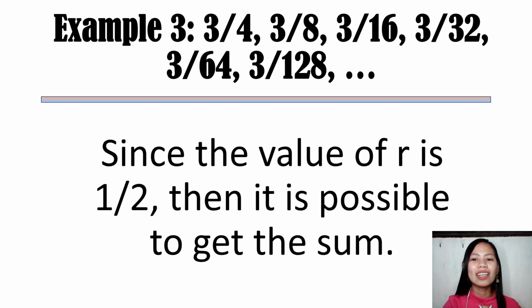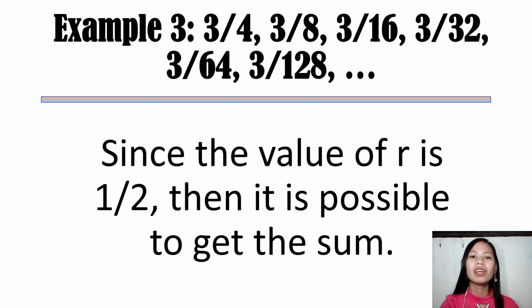Yes, since the value of r, or the common ratio here, is 1/2, then it is possible to get the sum. Because 3/4 times 1/2, the answer is 3 over 8. 3 over 8 times 1/2, the answer is 3 over 16. So r is 1/2 and it is possible to get the sum.